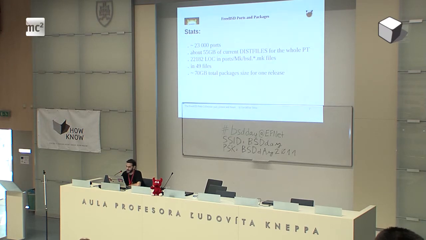The problem is that with this number of ports and the resources we have available, we need to support basically at least the 2 Tier 1 platforms, so the 32-bit and 64-bit platforms, and on top of this we have to do every supported operating system version.